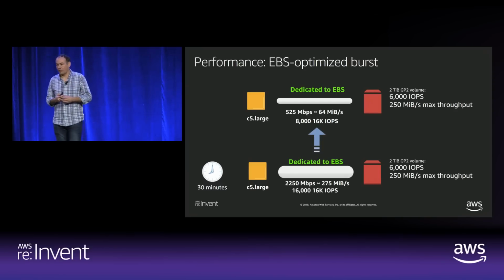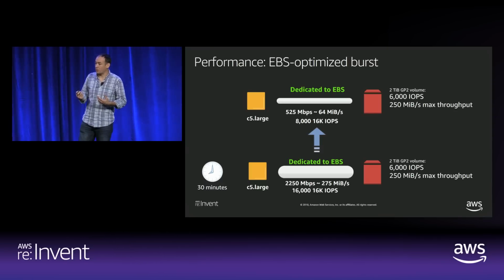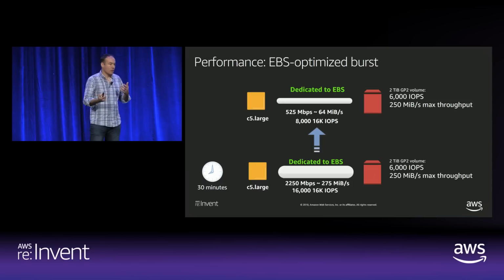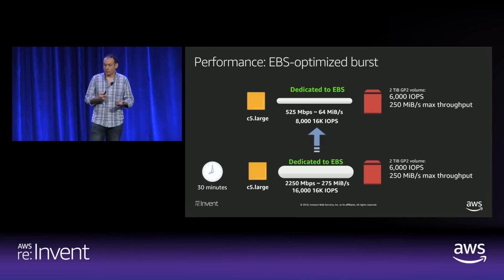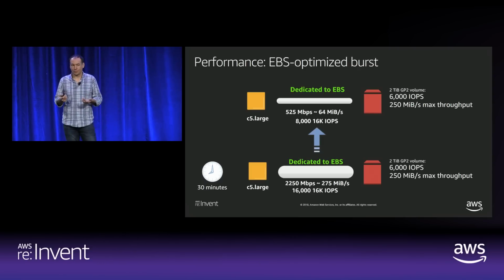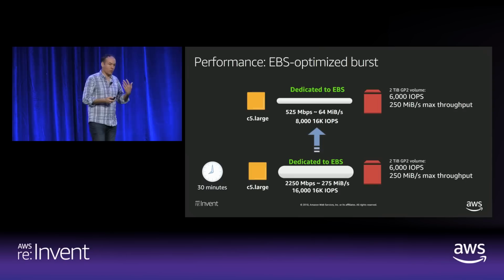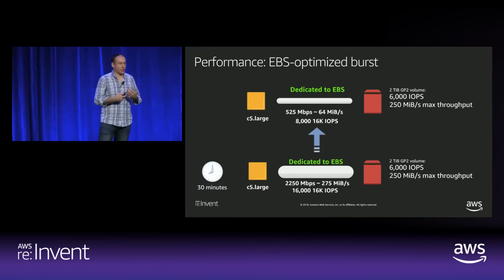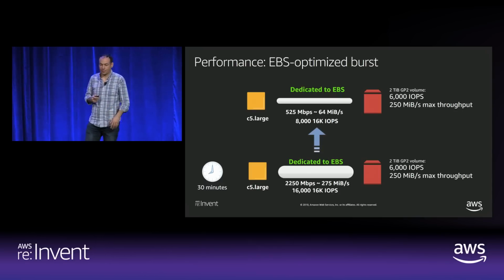So on the example of C5 large, you have 30 minutes of burst. And what this does is allow you to burst up to a larger instance size's amount of throughput for that 30 minutes. So with that bursty workload, you can probably accomplish it with a smaller instance size. And again, this is our burst bucket model where we're constantly refilling so that you will get that 30 minutes over the period of a day.